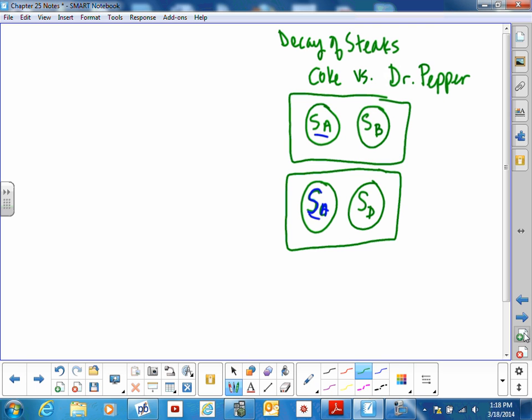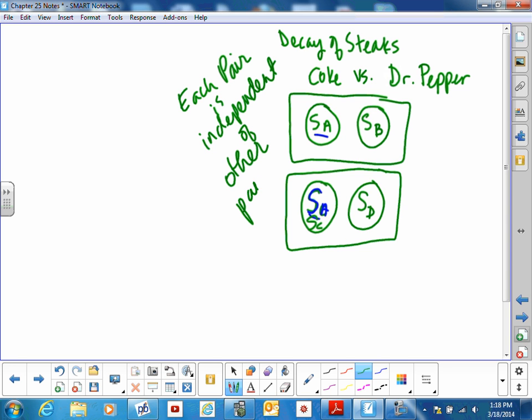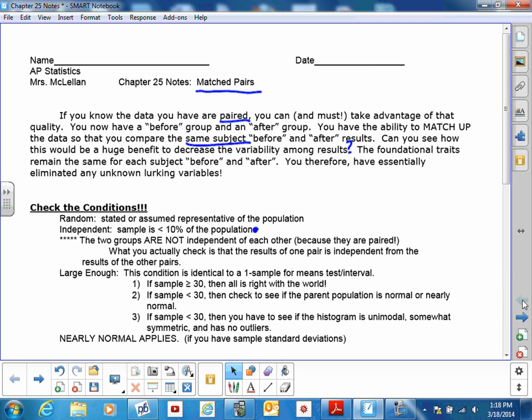So that's what I'm saying when I say that each pair is independent of the other pairs. Okay. And again, when you have a before and after, that's kind of like a given statement, but there's a case where it might not be as obvious.